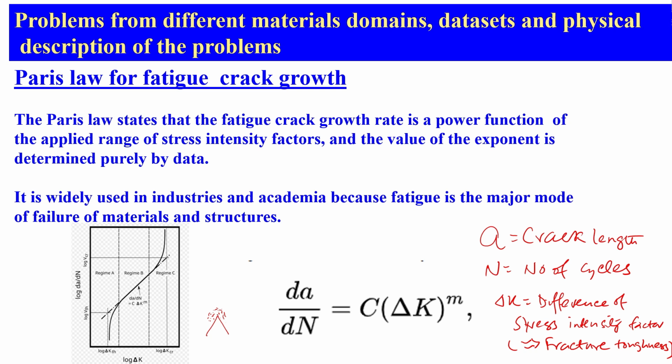So, delta K can be used as a prominent factor for fatigue crack growth, and m is an exponent, and you can understand the whole thing depends on m. So, if you take a log of this, you get log of C plus m log of delta K. Because this is a plot between log of dA by dN versus log of delta K, the slope of this curve is nothing but m. That is why it is a straight line equation.